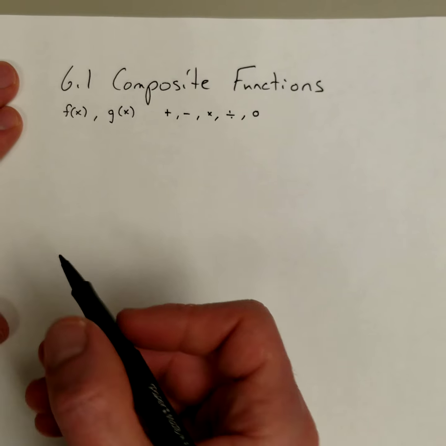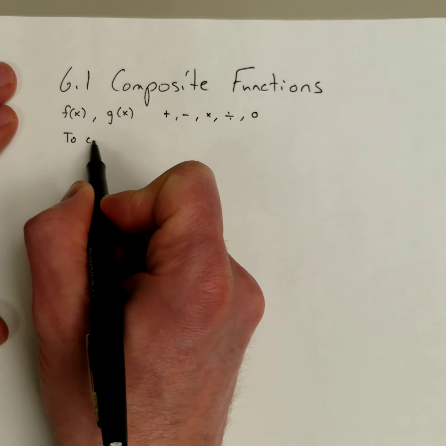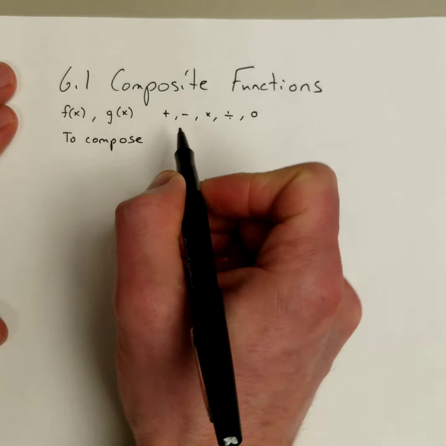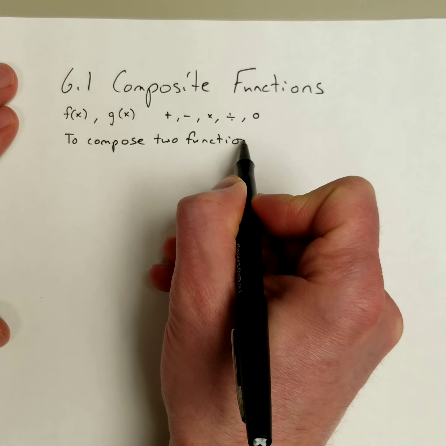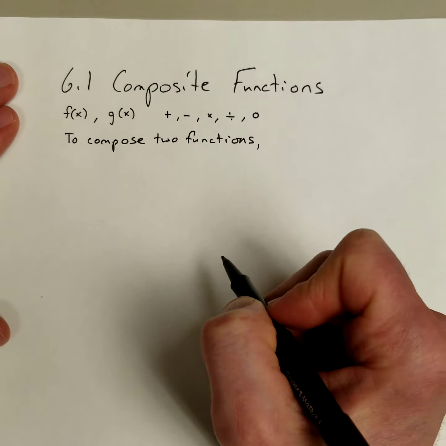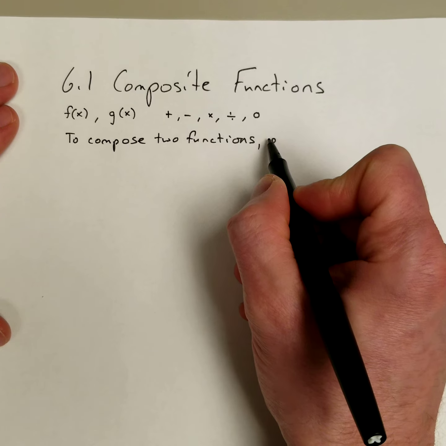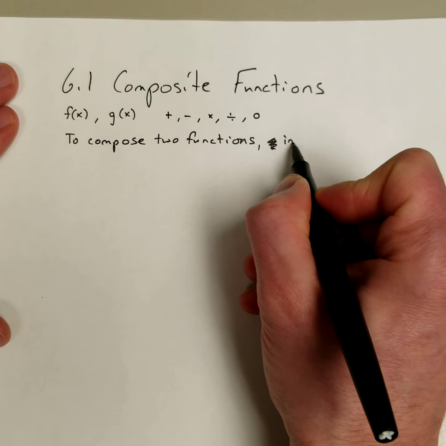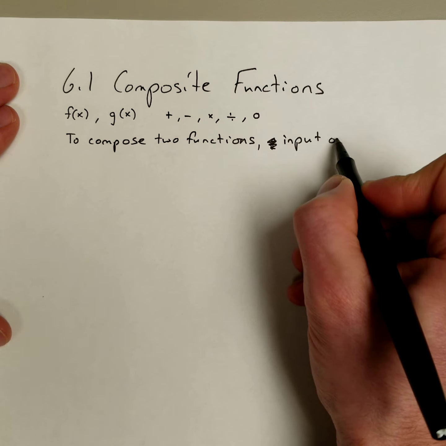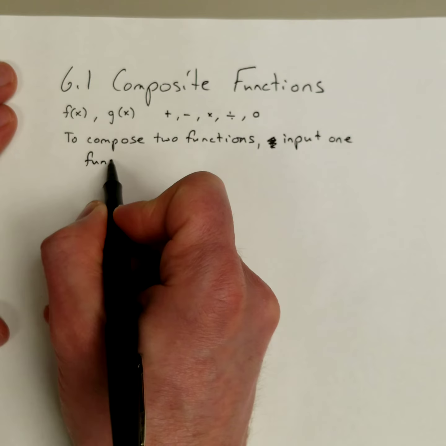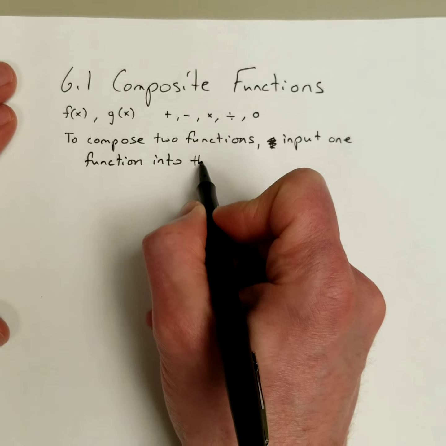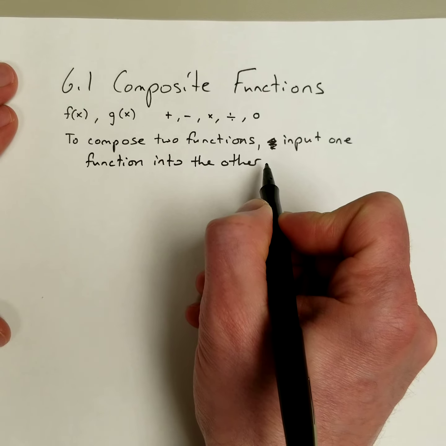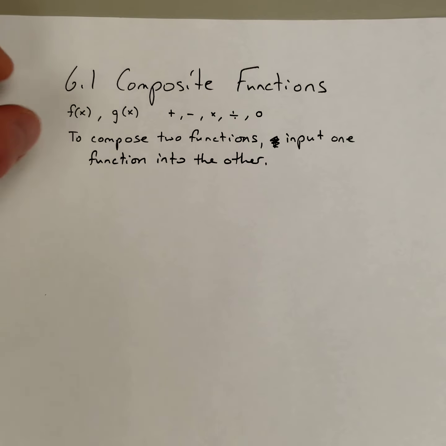Composite functions, to compose two functions, input one function into the other. Okay, so that's how we're going to compose them. We're just going to take one function, plug it into the other.